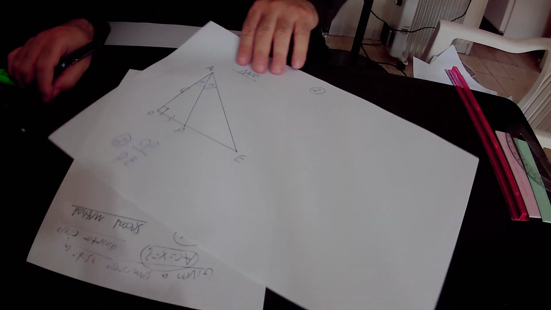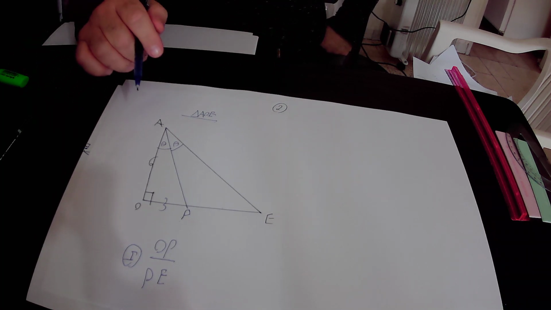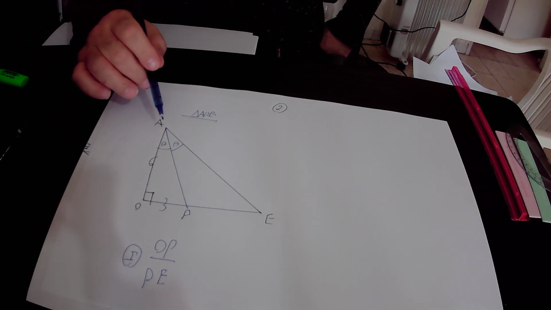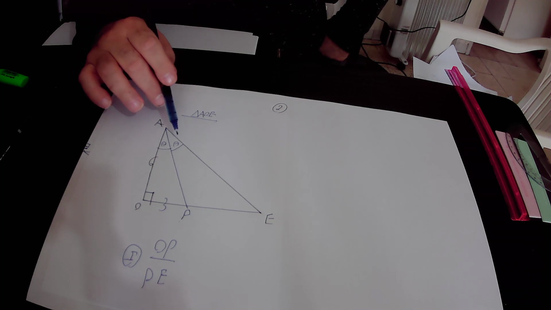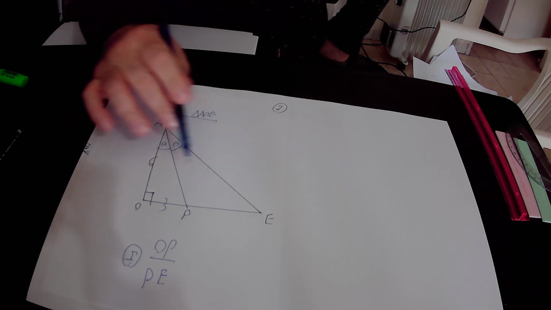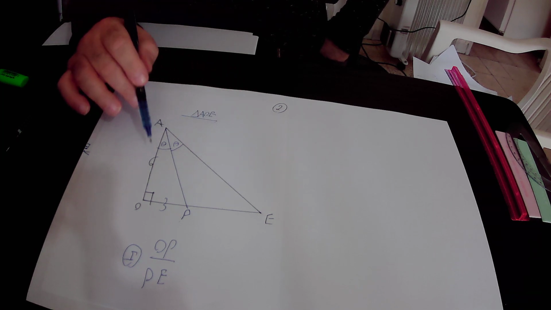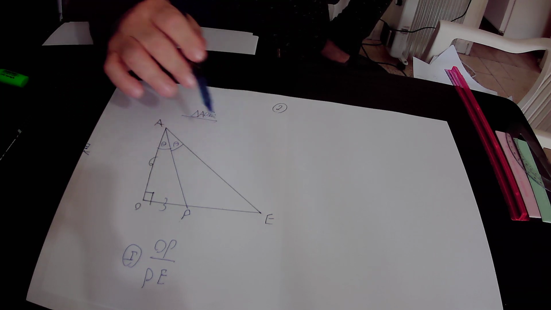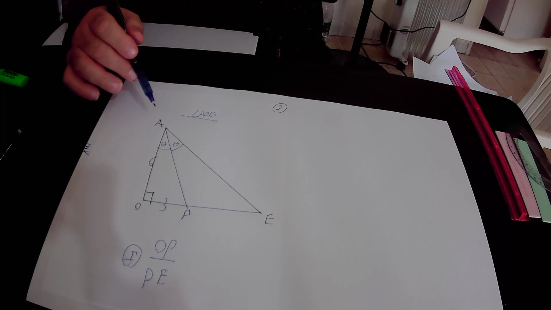And that ratio equals the ratio between the angle's legs. We are relating to the angle that has been bisected into two halves, that is to say angle OAE. The legs of angle OAE are AO and AE. And the ratio between those two legs is AO over AE.